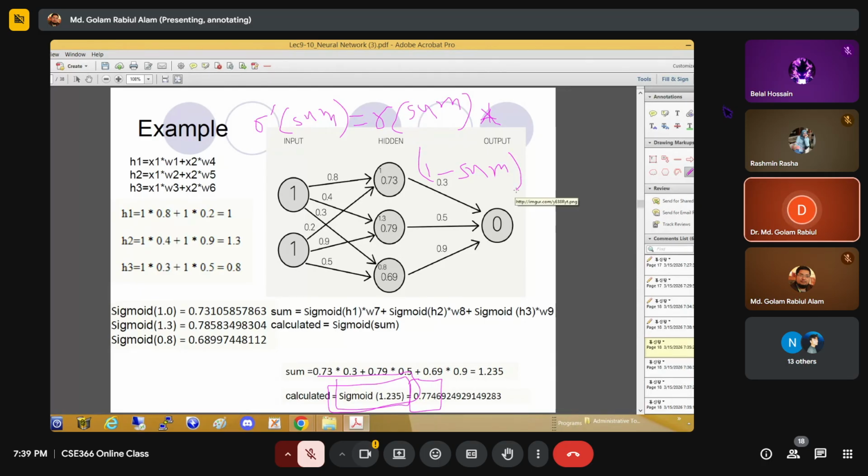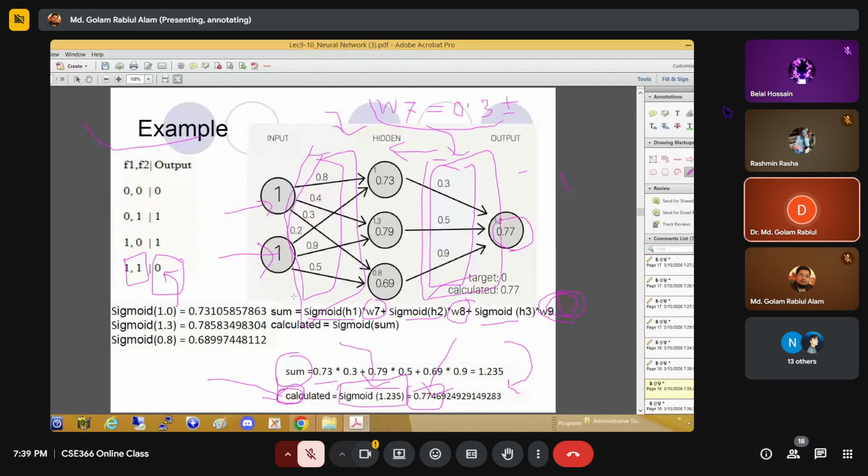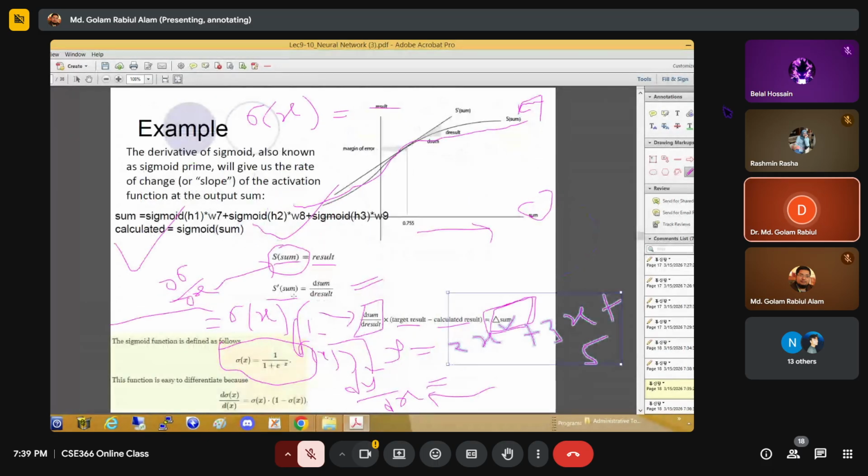So this is our derivative. It's easy because we have already computed the sigmoid of the sum, and using that and 1 minus sigmoid of the sum, if we multiply these two, then we will get the derivative of the sigmoid of the sum.